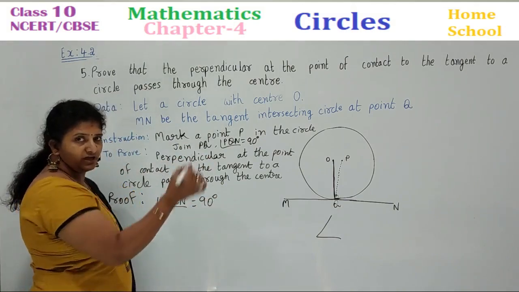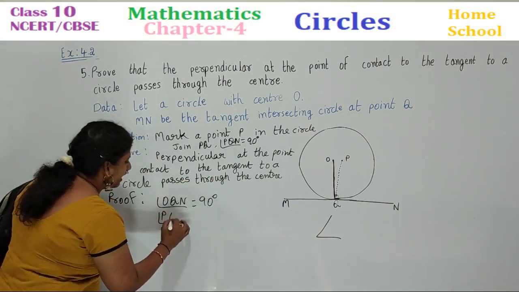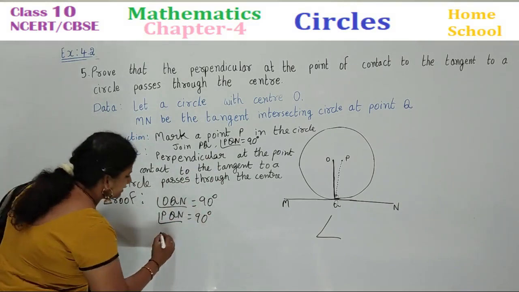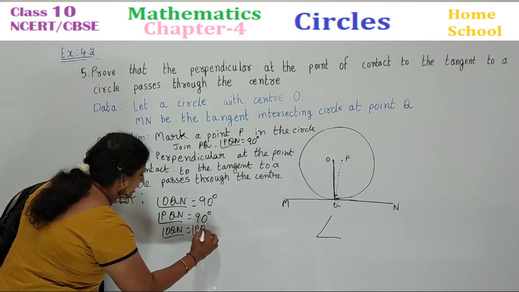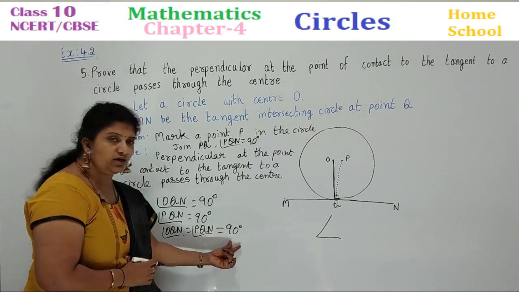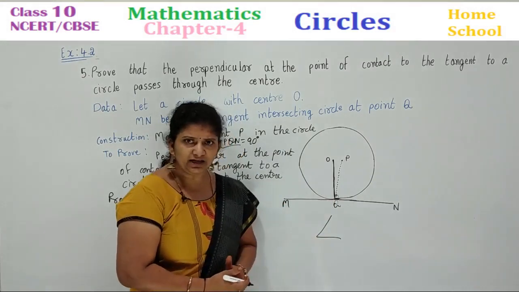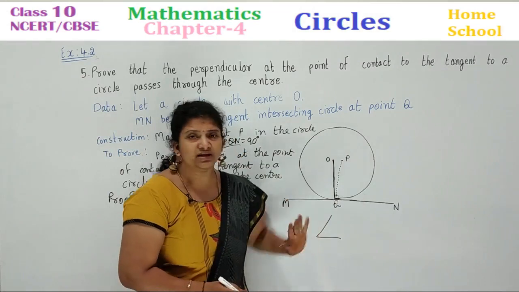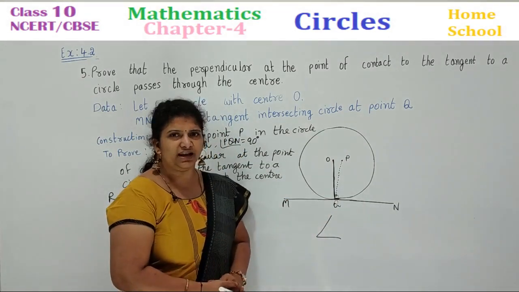Tangent is always perpendicular to the radius. But according to our assumption, angle PQN is also equal to 90. When I equate these two, angle OQN is equal to angle PQN. By this assumption, this angle equals this angle equals 90. Through the point of contact, are both the angles 90? No, you can see PQN is looking like an acute angle, meaning it might be less than 90.